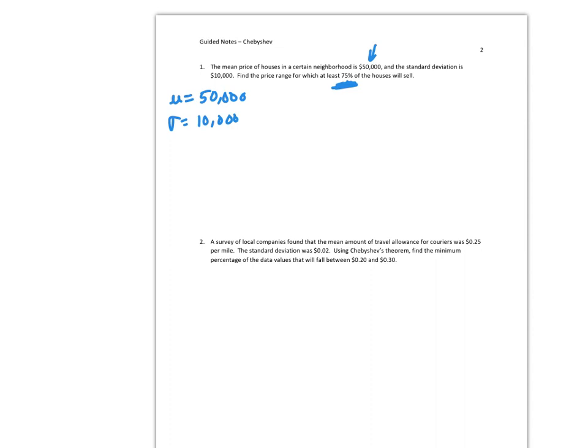So if you take the mean and go 2 standard deviations, and the standard deviation is 10,000, that's going to be 50,000 plus or minus 20,000.